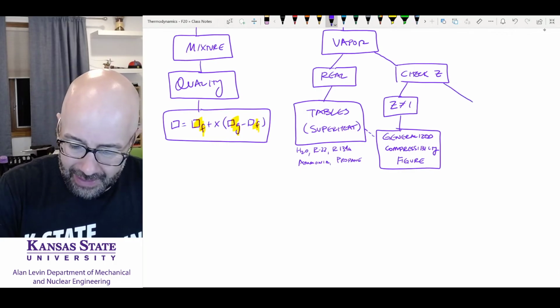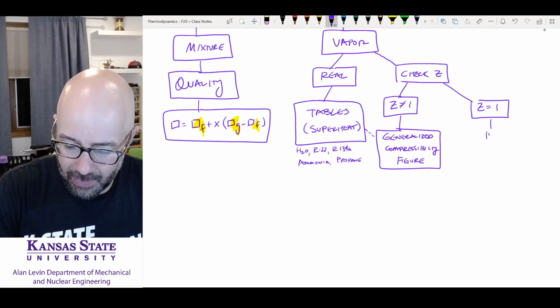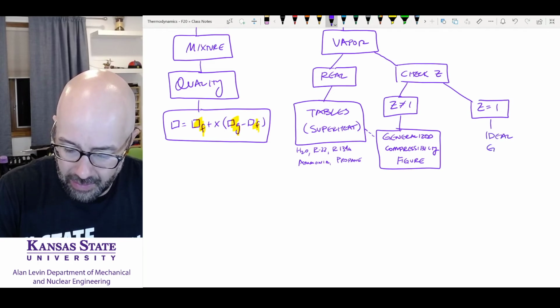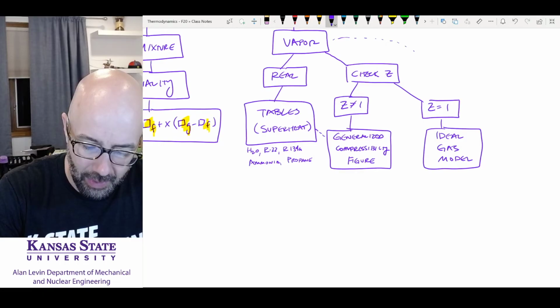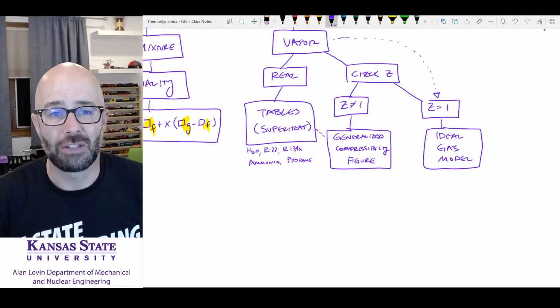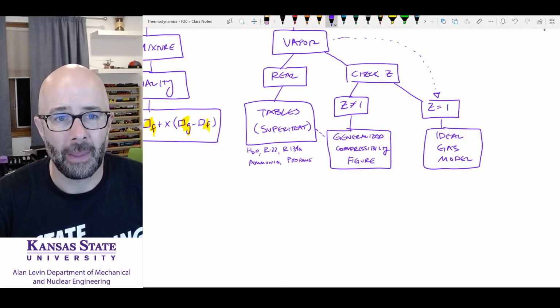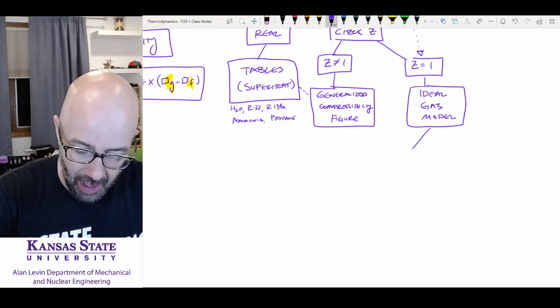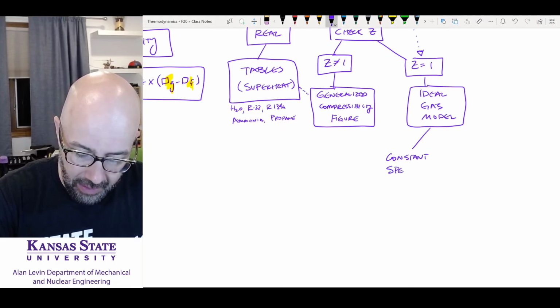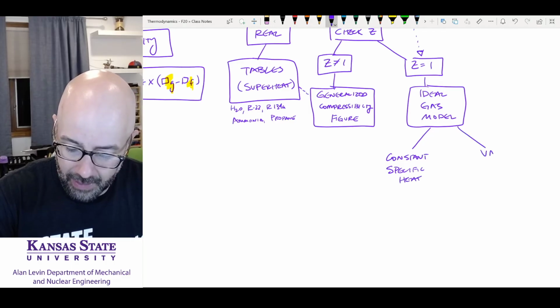Or if we say that Z is equal to 1, now we're saying it's the ideal gas model. Okay? And sometimes we can just jump right past all this and go directly to Z equal to 1, the ideal gas model. In the ideal gas model, we have a couple choices. Is it constant specific heat, or is it variable specific heat?